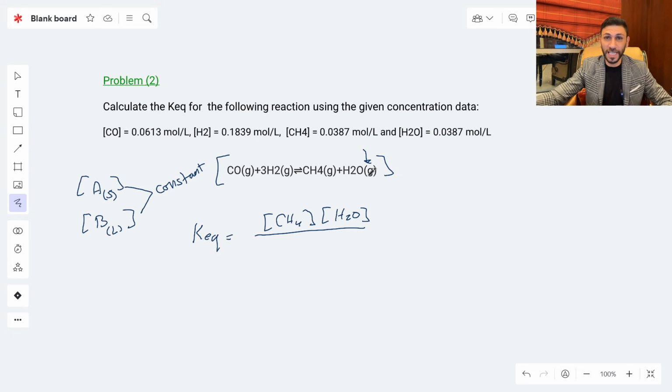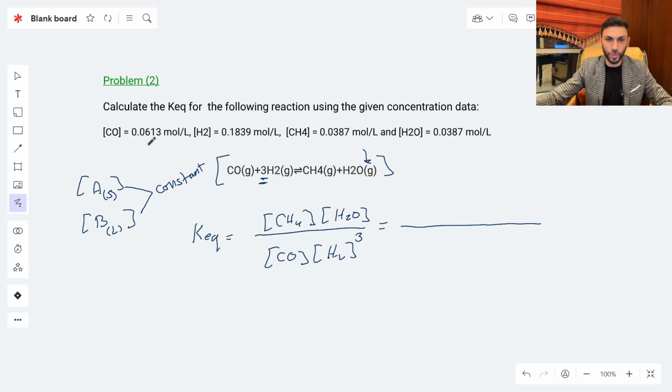If it was liquid, then we never write the concentration of H2O in this expression, and they will not give you the concentration of H2O because it's already constant. Divided by the concentration of CO multiplied by the concentration of H2, to the power of 3 because the number of moles of H2 is 3.